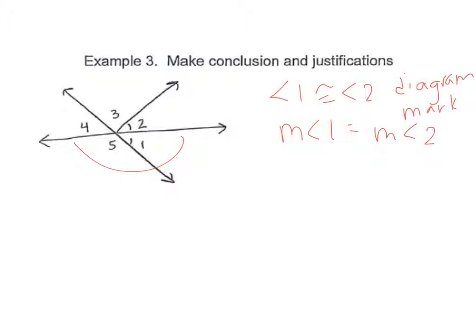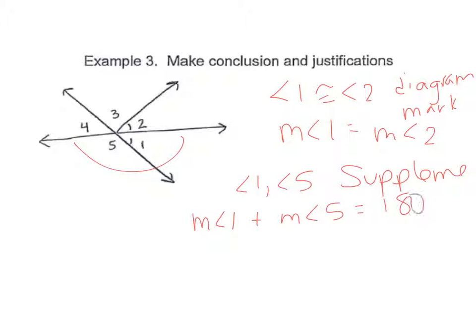I'm going to put angle 1 and angle 5 are supplementary by definition of supplementary angles. You could say that the measure of angle 1 plus the measure of angle 5 equals 180 degrees by definition of supplementary angles.